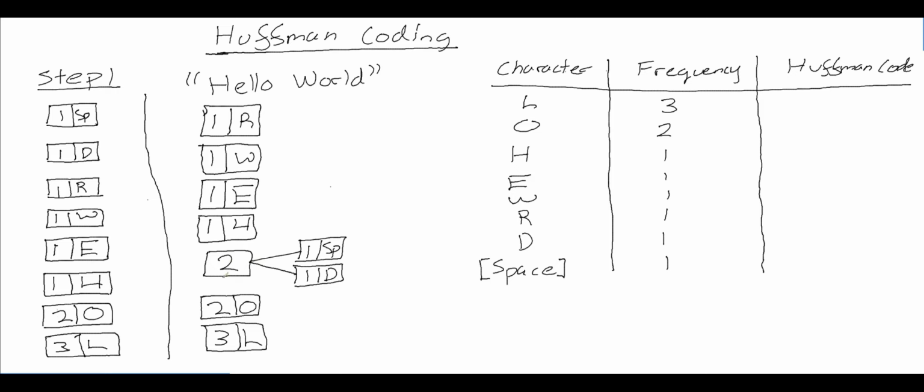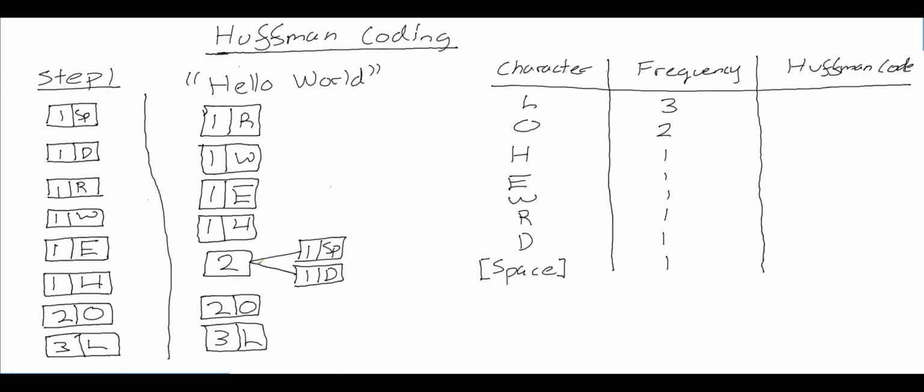Then I've created a new node with just 2 in it, and slotted that new node back into the list of nodes so that it's still in order. So we've got our 1s, 2s, and 3s value of occurrences. And then I've taken 2 lines out here and attached the space and D nodes to the end of here.